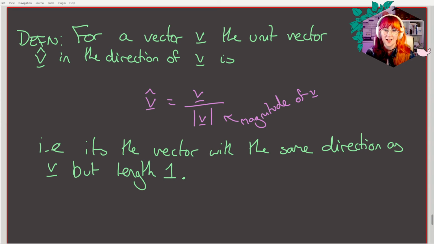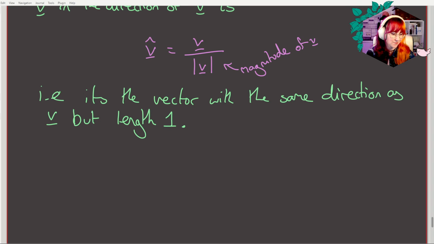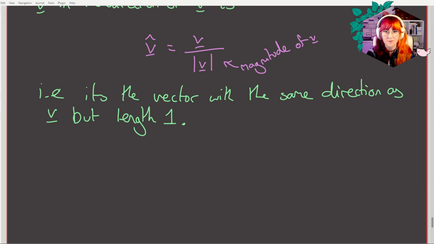So if this is v, then the unit vector v hat has length 1 in whatever scales you're using.